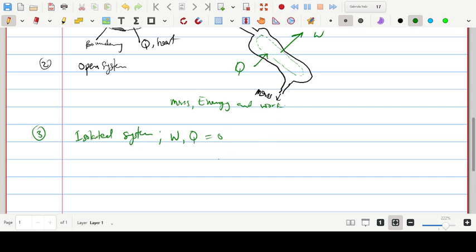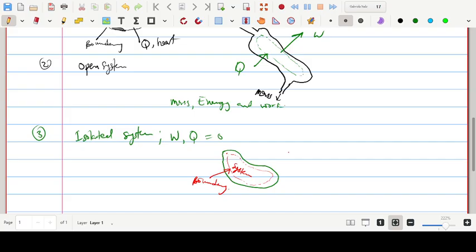So by drawing, just trying to distinguish so that we can see it clearly. So this is the boundary. This is the system itself. This is the boundary. In this case now, there is no heat nor work.